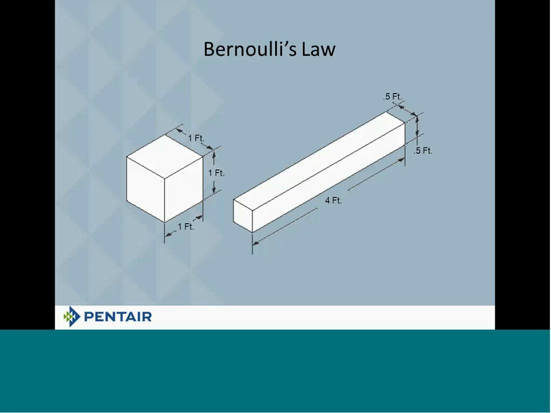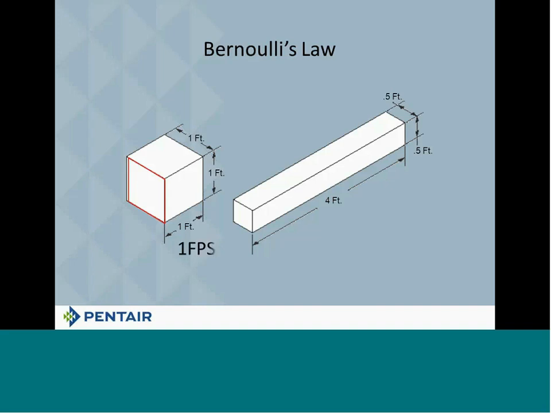So if you look on your screen there, you're going to notice that we have what's called a cubic foot of water. And you notice if we want to put that cubic foot of water through that square foot, and we want it to go through there in 1 second, it's got to move at a velocity of 1 foot per second.